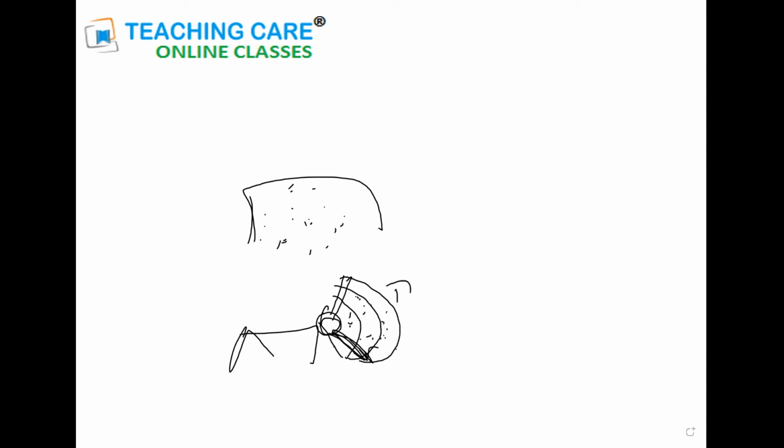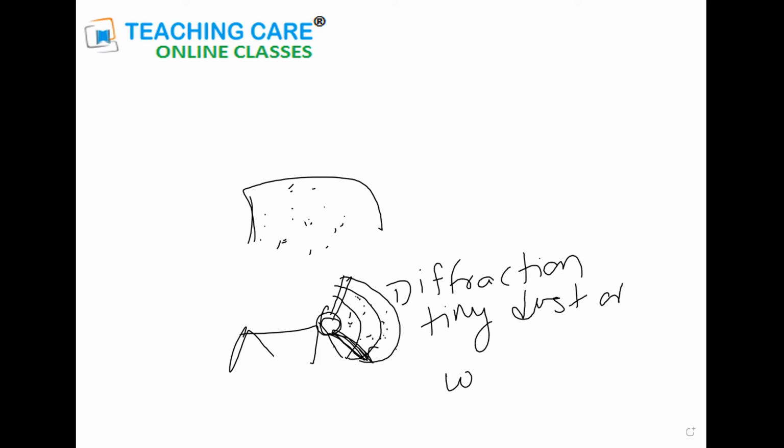This is again due to diffraction. Now diffraction can be up to a certain distance only, and this diffraction is due to the tiny dust particles or the water droplets in the air.